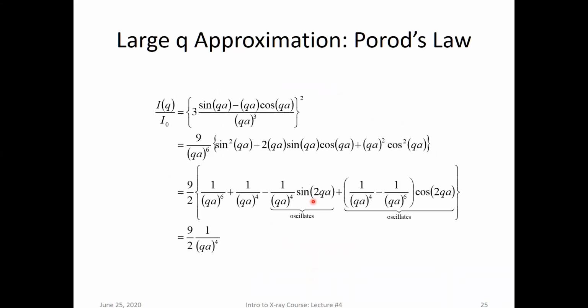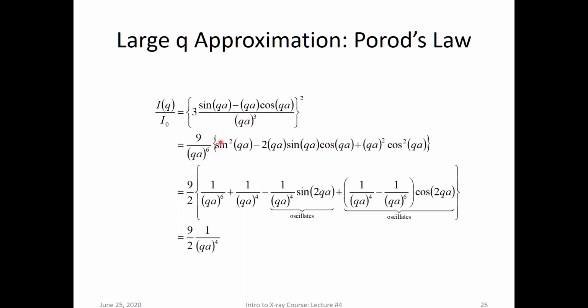I can go to the opposite limit where I want to work at large q. In here, I expand this thing. First multiply it out, and I'll get a 1 over q to the 6th out in front from the 1 over q squared. And then I can expand these terms in here.